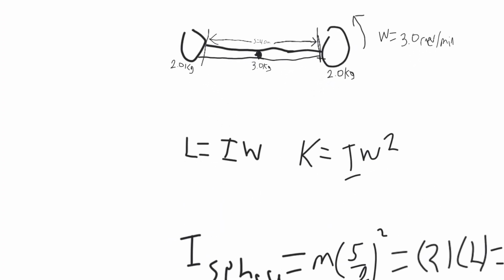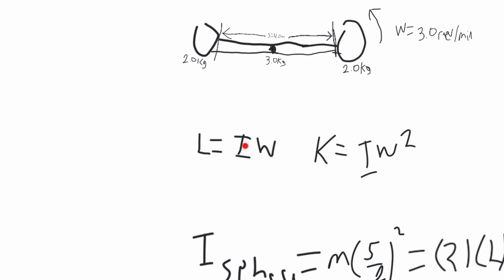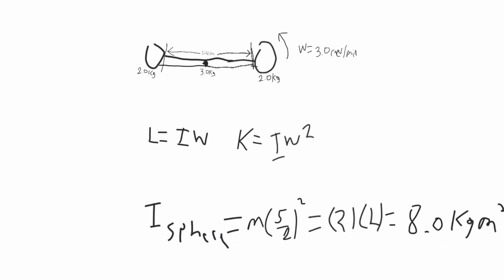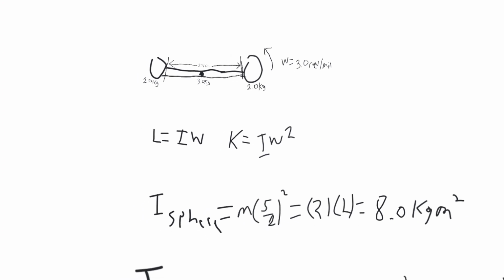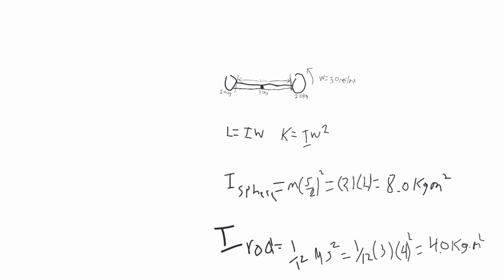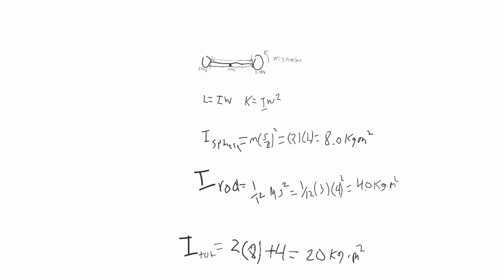That's moment of inertia times angular velocity, right? And then to find kinetic energy, you do the moment of inertia times the angular velocity squared. So obviously the first thing we need to do is find the moment of inertia and angular velocity, and we should have everything we need to find it.